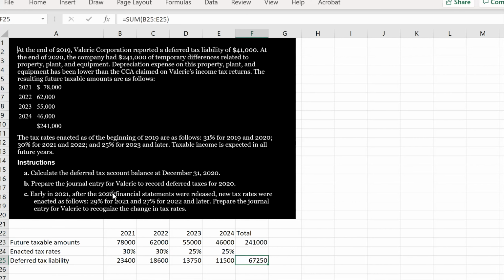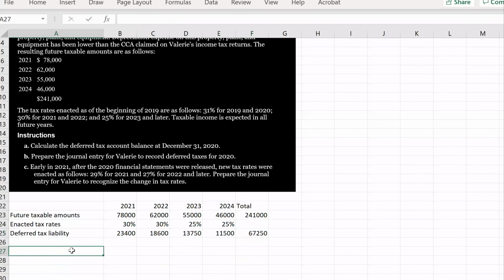B says, prepare the journal entry for Valerie to record deferred taxes for 2020. Okay, so my journal entry to record taxes is going to be, so calculating the journal entry to record the deferred tax liability is an interesting one because deferred tax is actually a balance sheet approach.